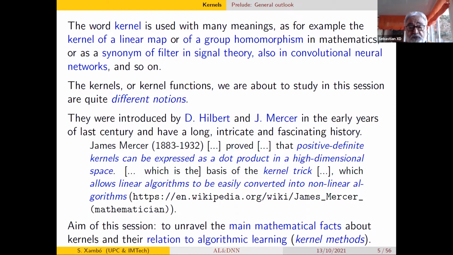James Mercer proved that, and I'm going to read this because this is part of what we should have understood at the end of this session: that positive definite kernels can be expressed as a dot product in a high-dimensional space. And this is the basis of what is called the Kernel Trick. This trick allows linear algorithms to be easily converted into non-linear algorithms.